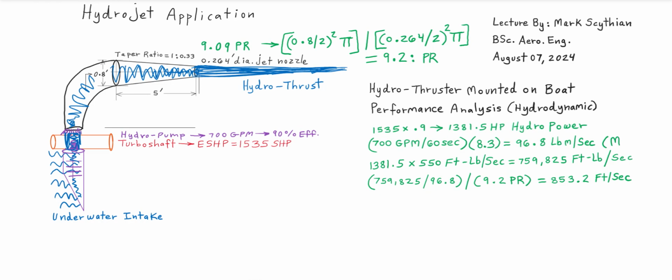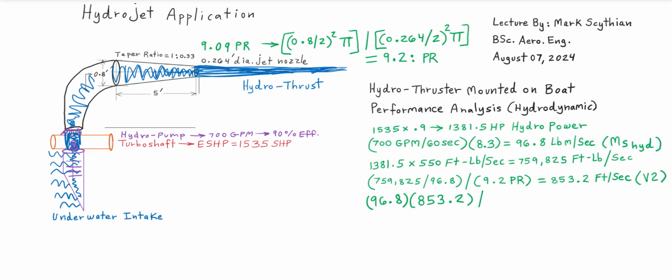So after quantifying the ratios and the distributions across the hydraulic lock and flow, we compute approximately 850 feet per second of hydrojet velocity. So that would be the component V2.